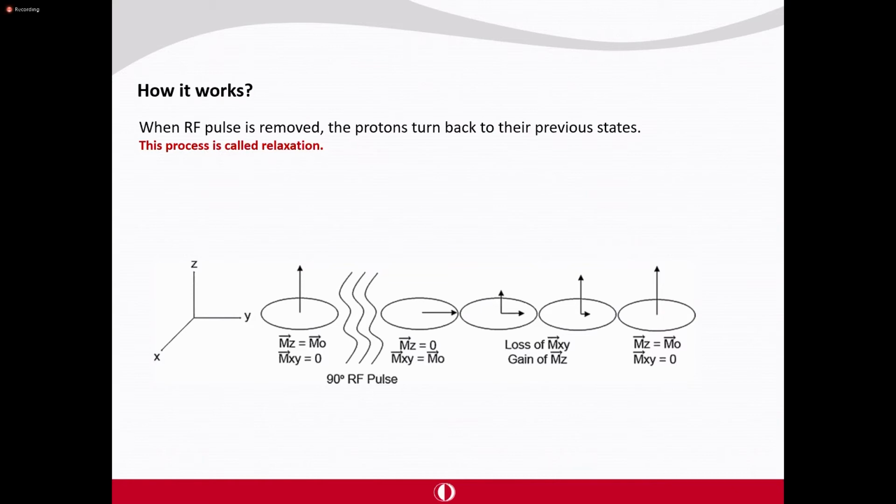Usually in order to flip the magnetization to the XY plane, we talk about a 90-degree pulse. In other words, a 90-degree pulse means a pulse duration which is sufficient to flip the magnetization by 90 degrees to the XY plane.